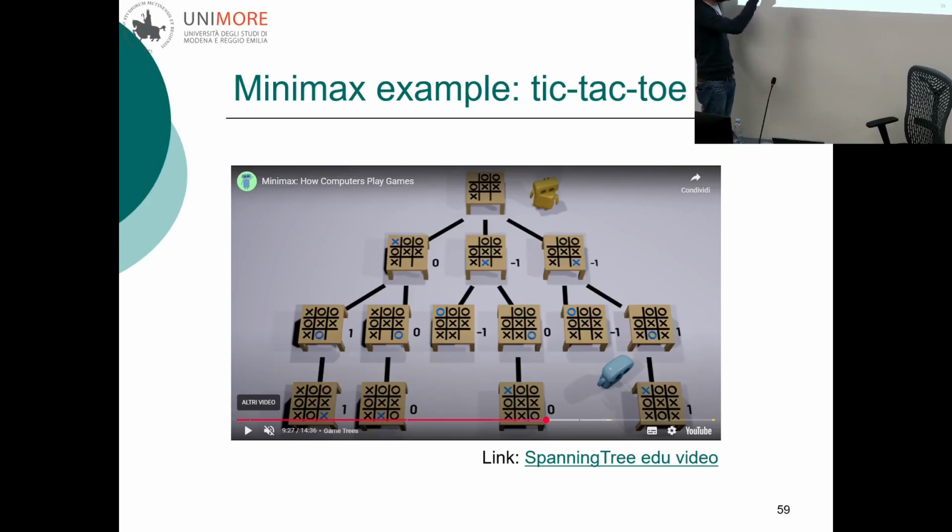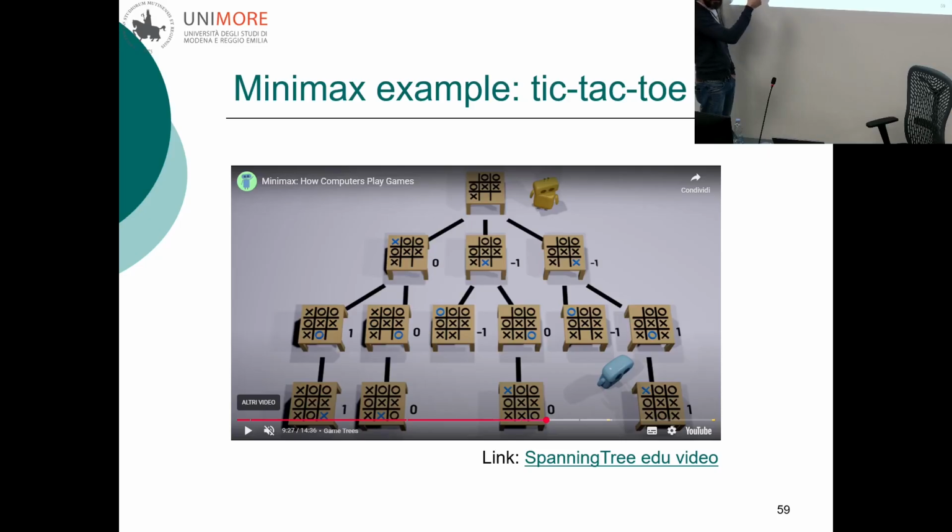Exactly because I, the blue agent, cannot assume what the other agent's policy is, but I must assume that he is playing optimally. Okay, I'm a rational agent, I play against the worst case scenario. I must assume that the value for me of putting an X here is 0.